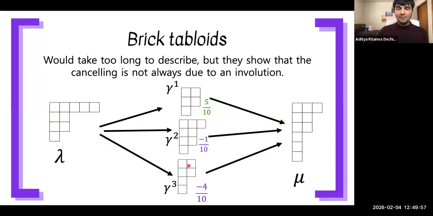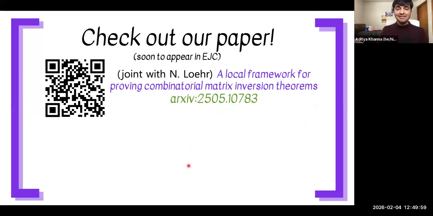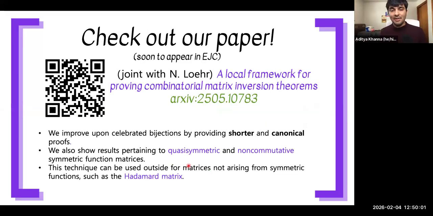And so this is the sort of stuff we show in our paper. There is an arXiv link here in case you want to scan that. We do a lot of stuff because of how much we use compositions. We can show a lot of things about quasi-symmetric and non-commutative symmetric functions also.